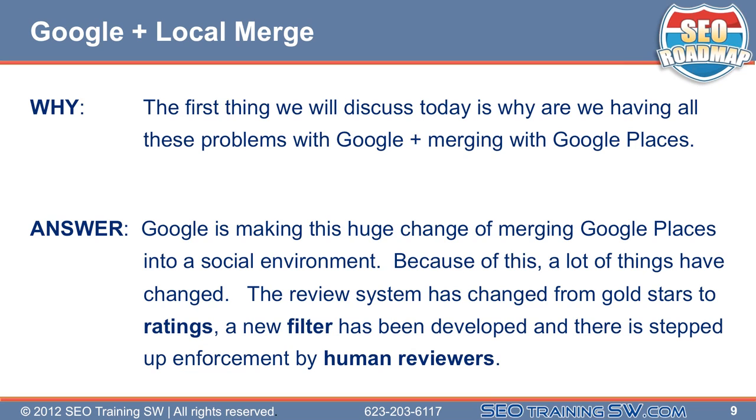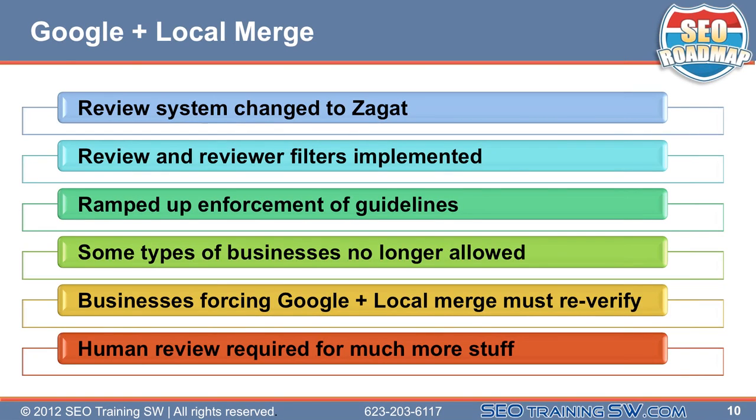That's gone away. And there are new filters, and lots of stepped up enforcement by human reviewers. And we'll actually talk about how you could become involved in some of this reviewing process and help raise your clout. So these are the reasons why the problems are happening right now.